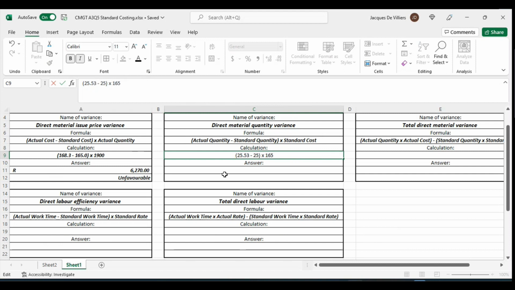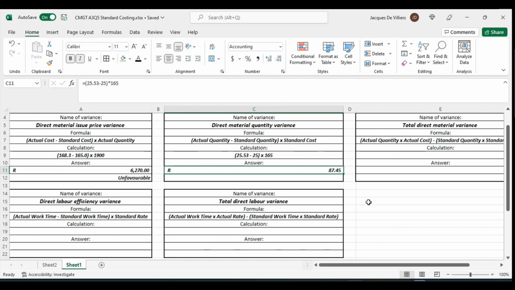Now if I look at the answer, I must fix it here as well. 25.53. And then I get an answer here of 87 Rand 45. Okay, that is my total direct material quantity variance.